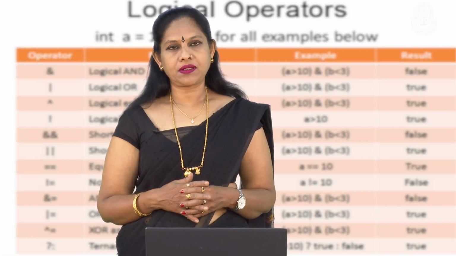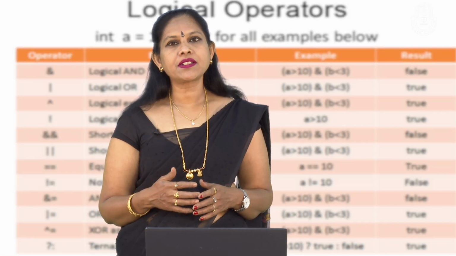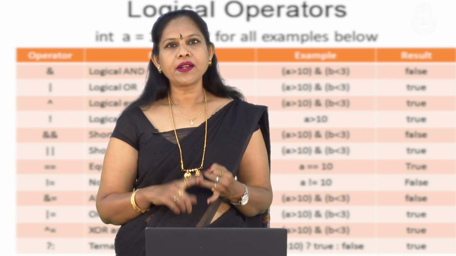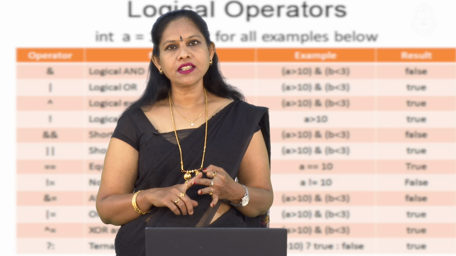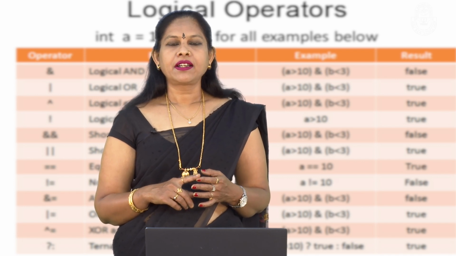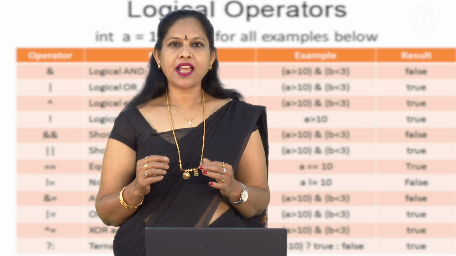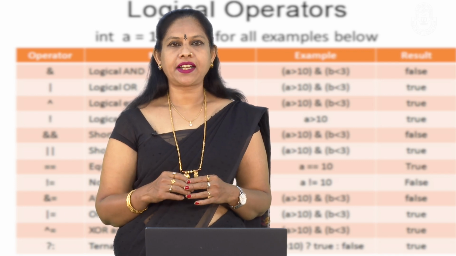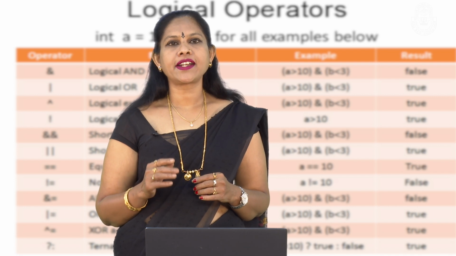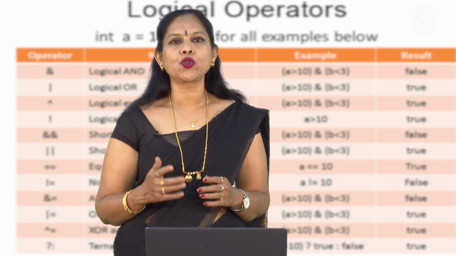Logical operators. Logical operators available are AND, OR, XOR and NOT. The AND operator denotes ampersand or double ampersand, which returns true only if both sides in the expression are true.